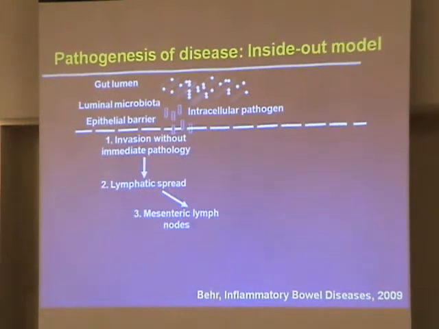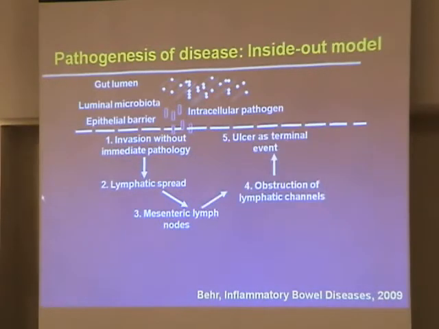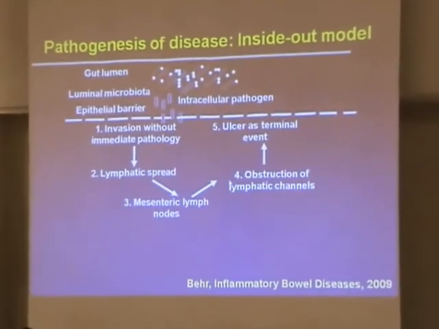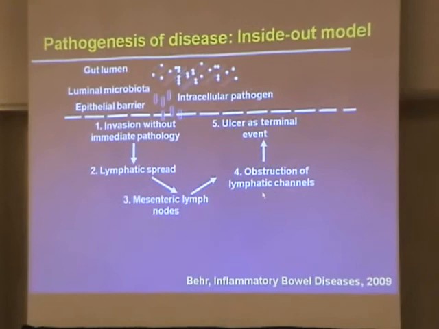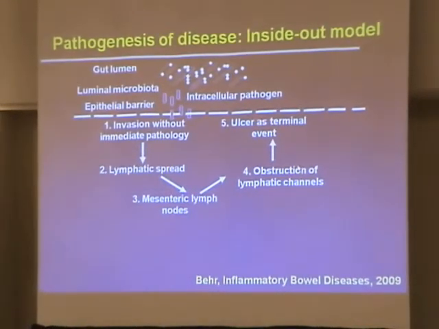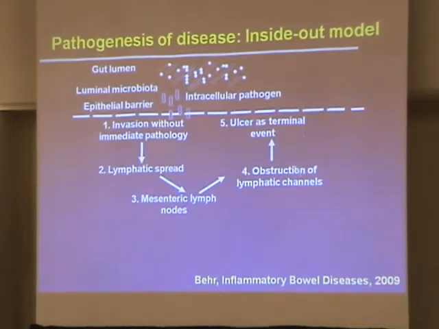So, with an intracellular organism, you'd have invasion without pathology, you'd have spread through your lymphatics, and you would end up with a resident infection underneath the surface in the lymph nodes. In that model, eventually you would have a chronic inflammation that would lead to obstruction. It would be like a dam, like when Quebec Hydro dammed all the rivers up north and then they started to flow backwards towards the James Bay.